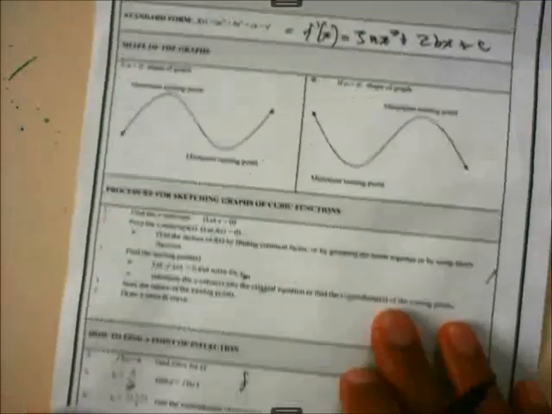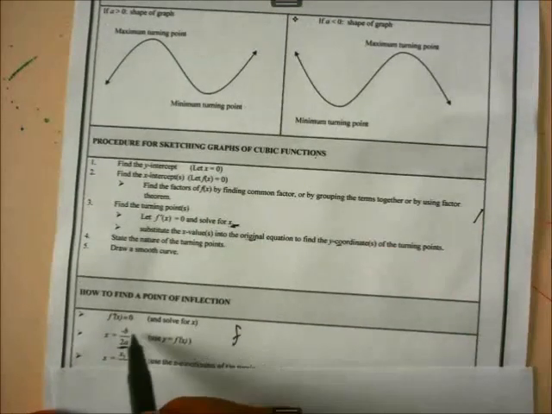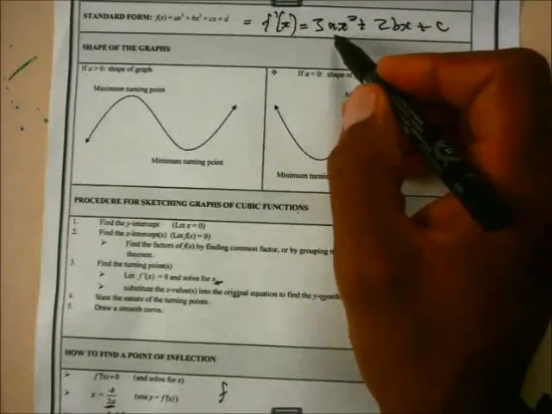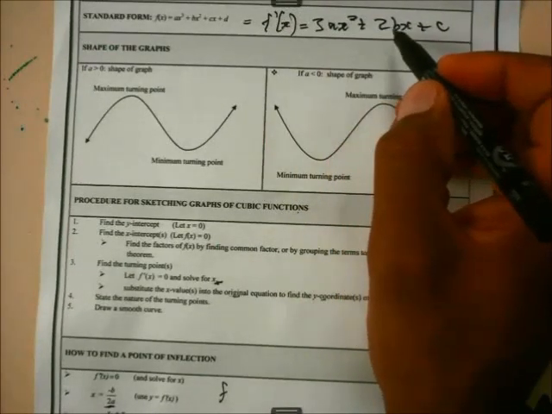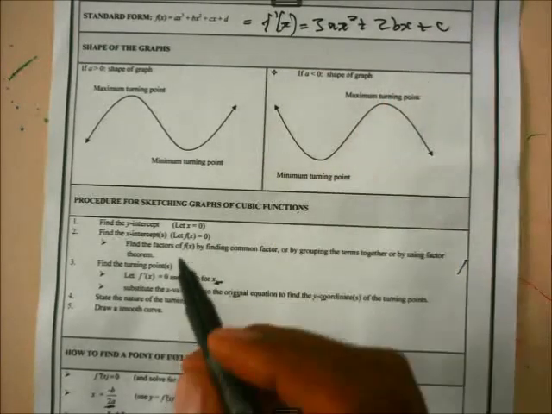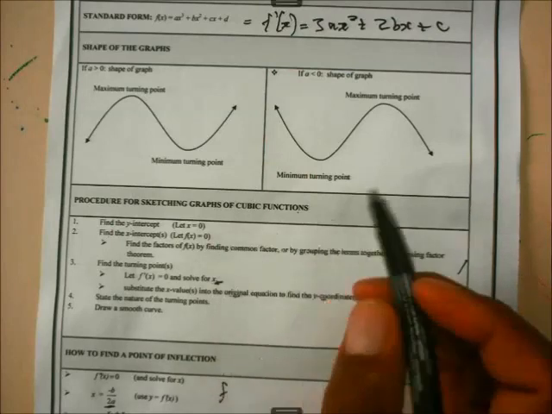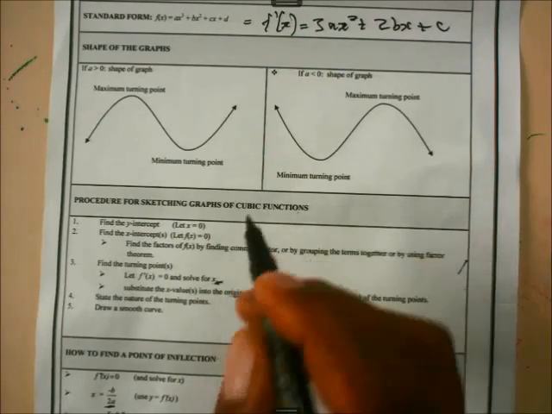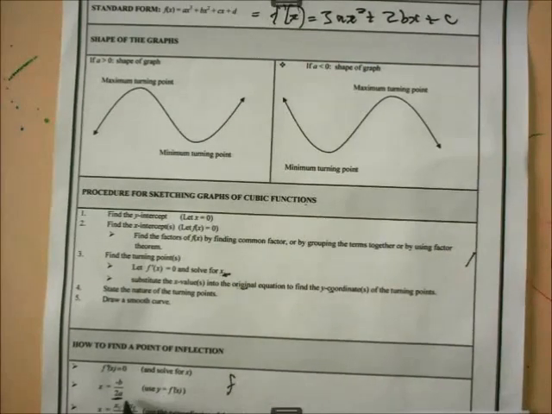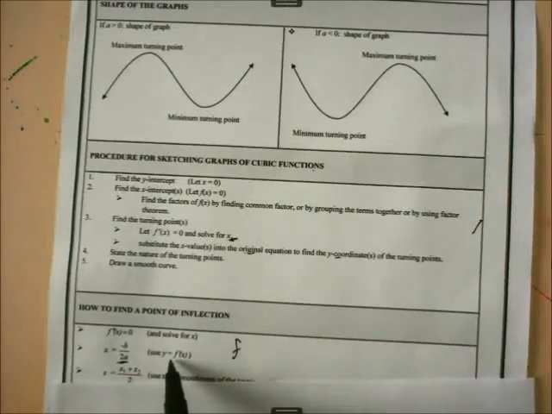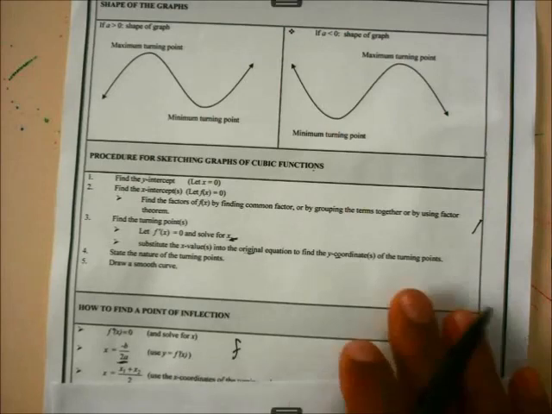Then this formula, x is equal to minus b over 2a, we are going to use it in our derivative, 3ax squared plus 2bx plus c. Once you have the first derivative, you can use the derivative to solve for the x value of the point of inflection. That is why we say use y is equal to f prime of x.